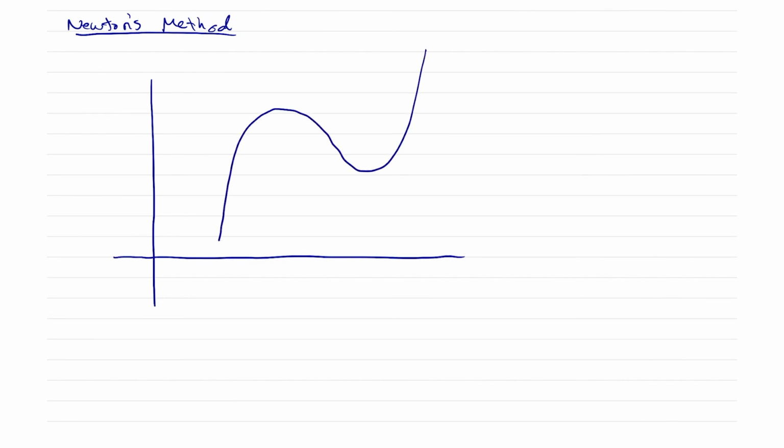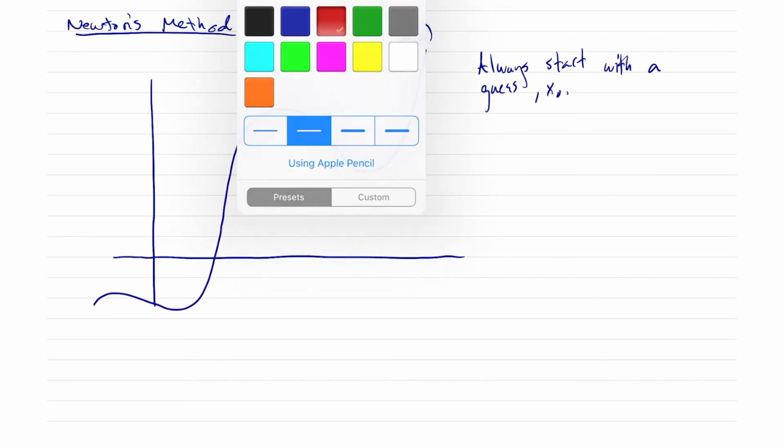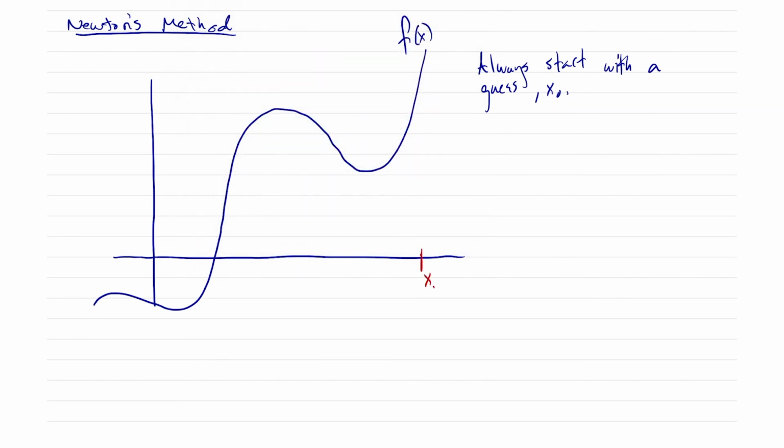All right, so let's go ahead and talk about Newton's method. The general idea of Newton's method is that you replace a function, say this is f of x, with a linear approximation at a point. So we always start with a guess, say x naught. Here, put that in red, this would be our x naught.